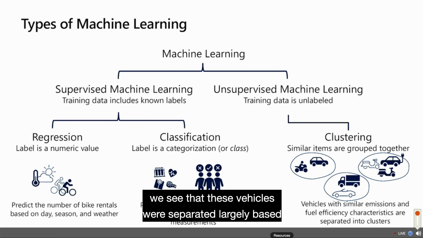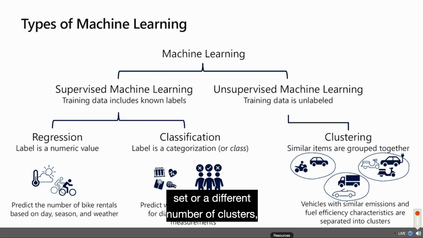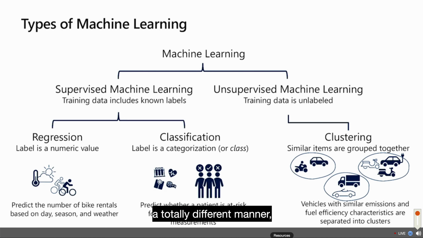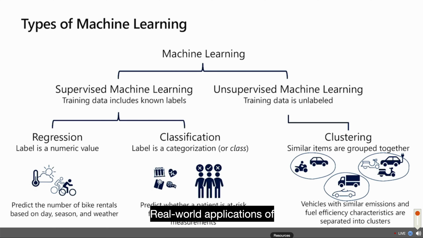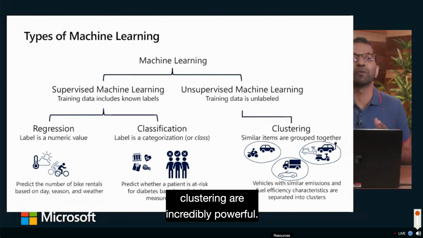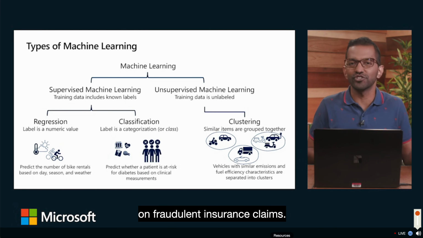In this example, in these vehicles that were thrown into this clustering model, we see that these vehicles were separated largely based on their emission and fuel efficiency characteristics. Given a totally different data set or a different number of clusters, they might have been separated in a totally different manner. Perhaps by their production period or paint color, maybe even the dealership they were purchased from. We can only determine that after we see the results. The real-world applications of clustering are incredibly powerful. You could carry out fraud detection on fraudulent insurance claims.